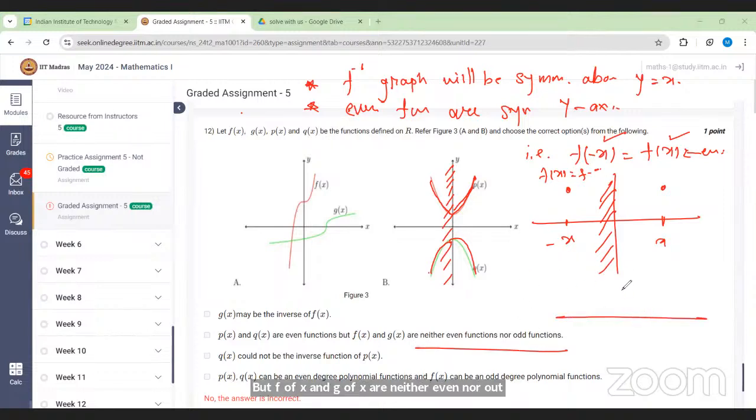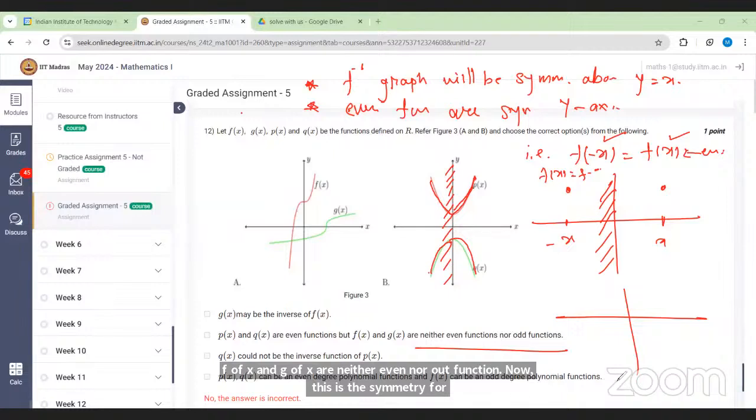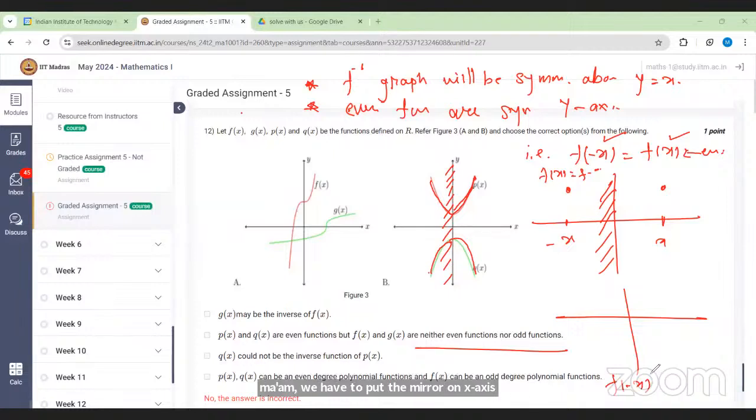Now, this is the symmetry. Ma'am, for even we have to put the mirror on the x-axis? No. In the case of an even function, we have to put the mirror on the y-axis. In the case of an odd function, it is not a mirror on the y-axis, but it will be symmetric about the origin. That means f of minus x equals minus of f of x.